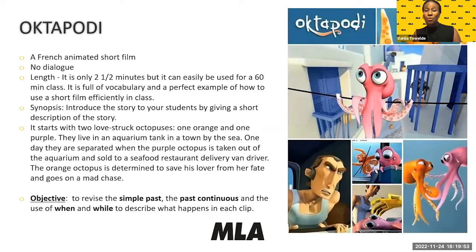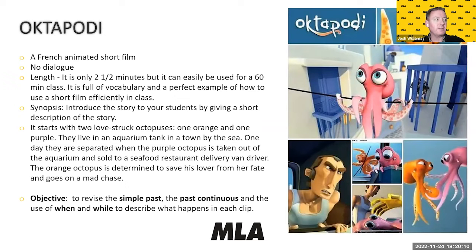So the objective of watching this short film is to revise the simple past, the past continuous, and the use of when and while, which can be challenging for students at times, to describe what happens in each clip. I think this could be really useful.